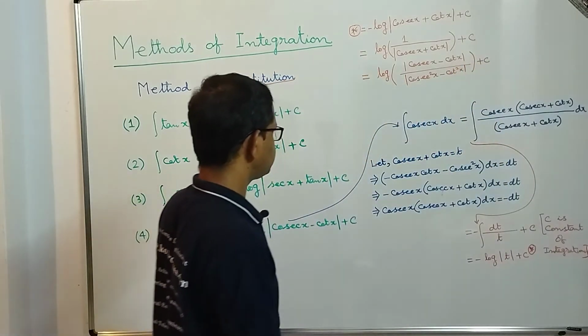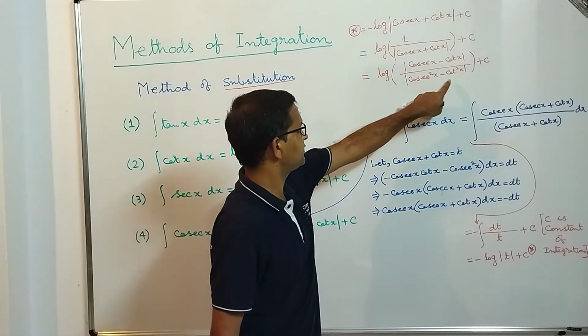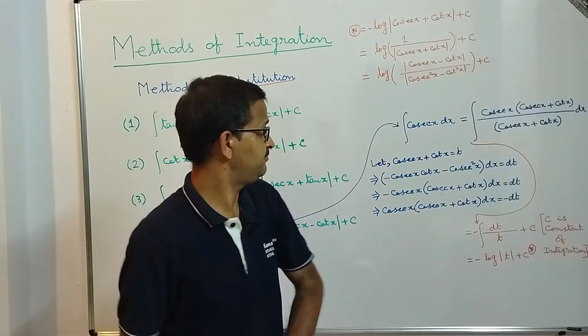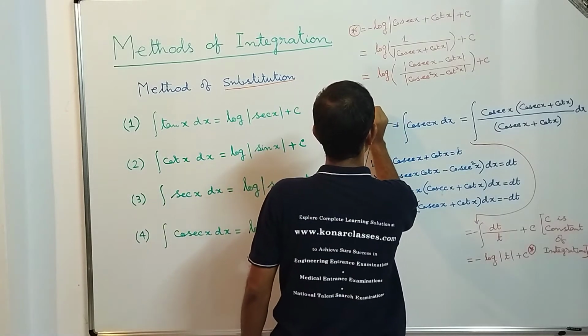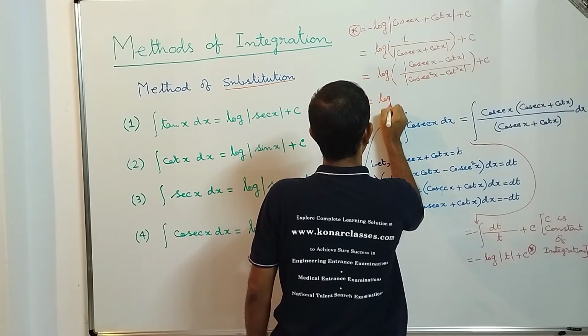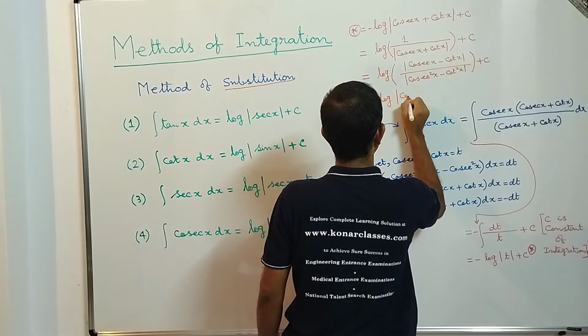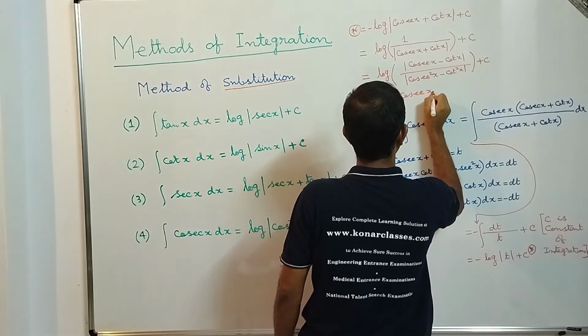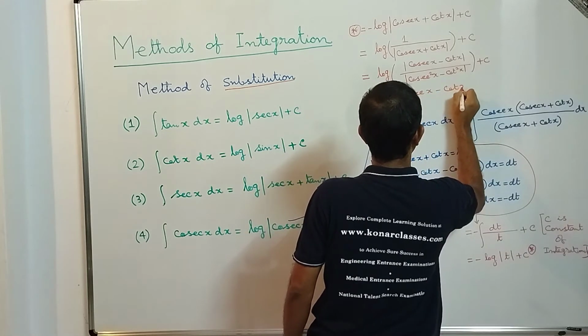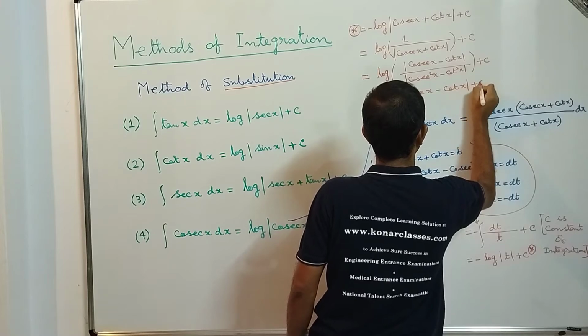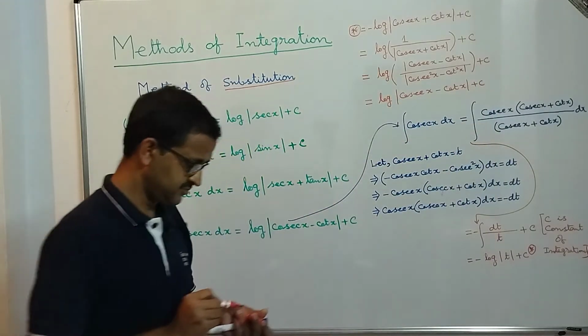And we know cosec square x minus cot square x is equal to 1. So finally this is equal to log of mod cosec x minus cot x plus c, and we get the result, okay?